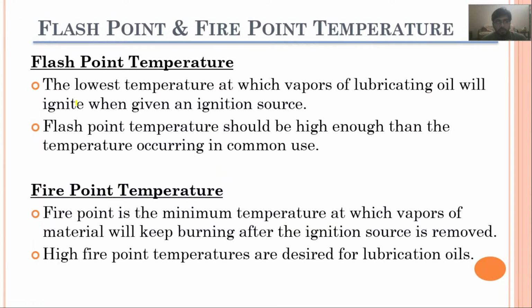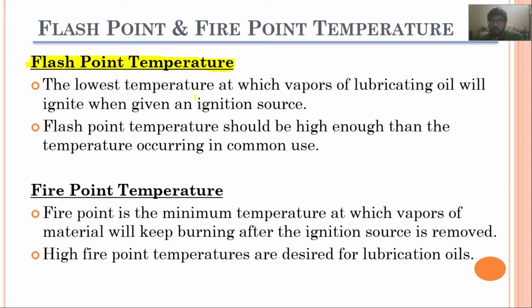Okay, next property is the flash point. The flash point is basically the lowest temperature at which the vapors of a lubricant oil will ignite when exposed to an ignition source.